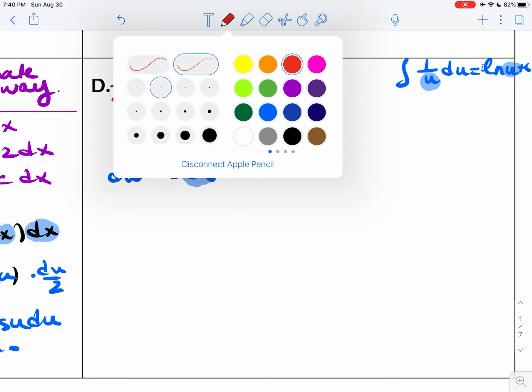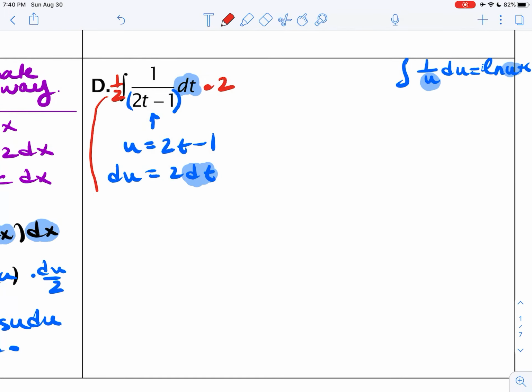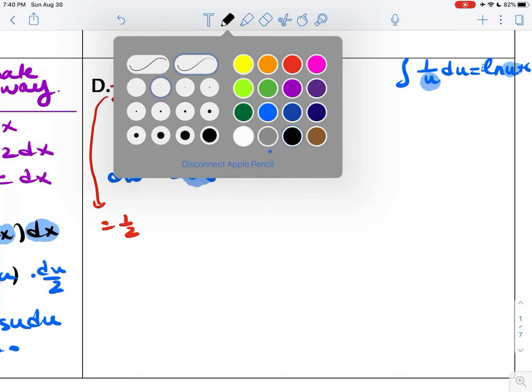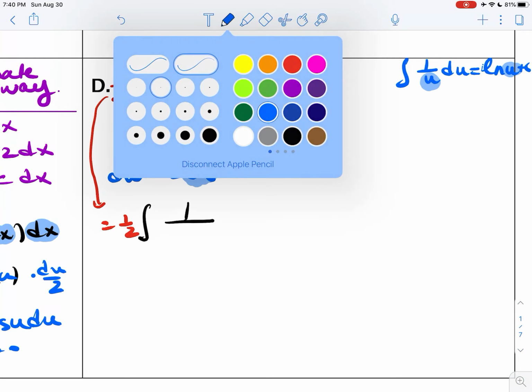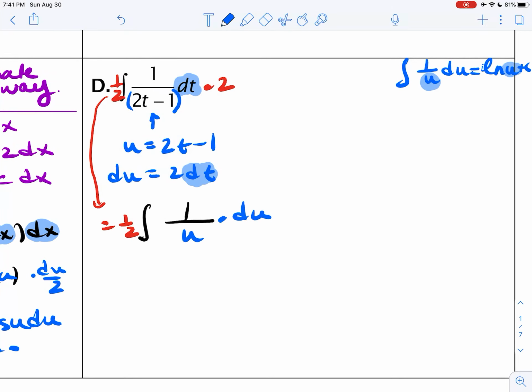And now I'm going to make my u substitution, and I will transform my integral into 1/2 times the integral of 1 over u du because the 2 extends in there.